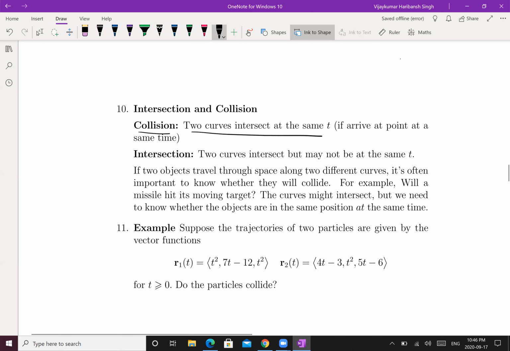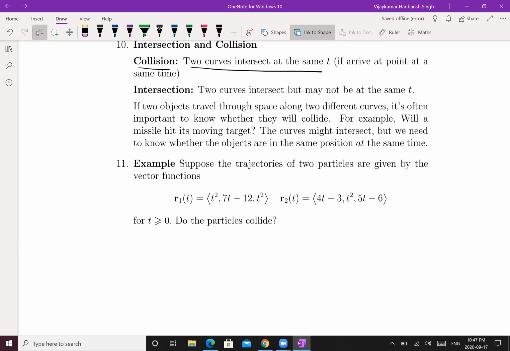So let's work on the following problem, which will help us understand how to solve problems like these. Suppose you have trajectories of two particles given by vector functions r1(t) equals t square, 7t minus 12, t square, and r2(t) equals 4t minus 3, t square, 5t minus 6. So do they collide?